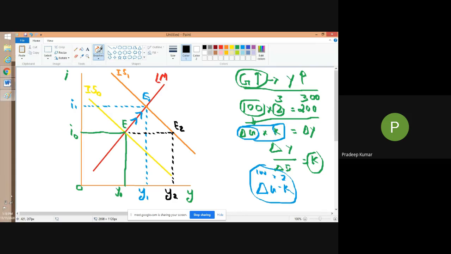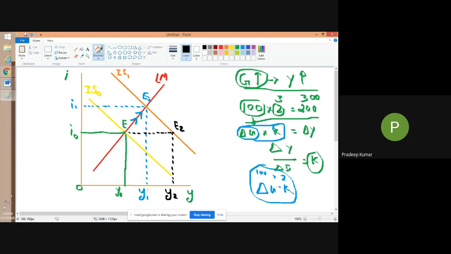Now, if the interest rate stayed at I0, we would be able to have a level of income up to Y2. The expansionary fiscal policy would have resulted in an increase in income from Y0 to Y2 had the interest rate stayed at I0. But in practice, the interest rate has also gone up from I0 to I1, as a result of which income has increased only from Y0 to Y1. The reason for this is crowding out.